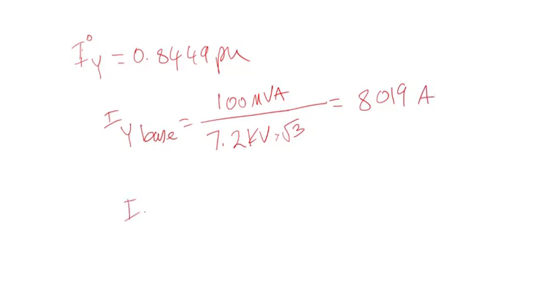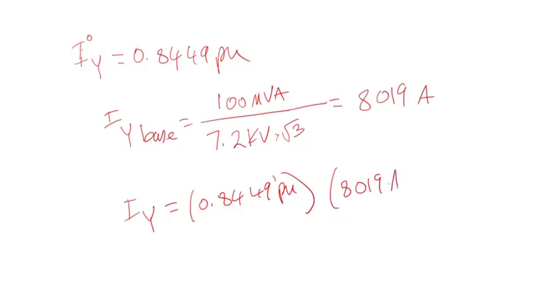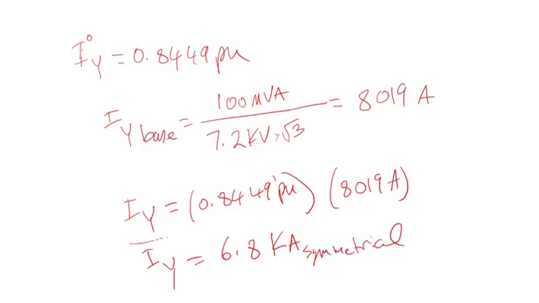So the actual current the tertiary will see is 0.8449 per unit times 8019 amps. So if you calculated that, it would be 6.8 kA. Again, this is symmetrical. I just want to clarify that.